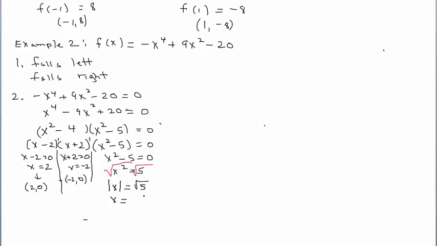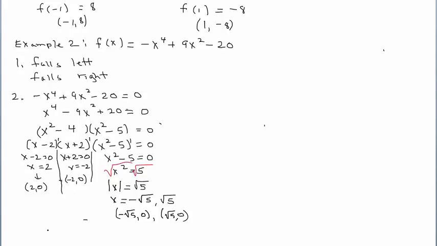So we have positive and negative square root of 5, both of a multiplicity of 1, since we didn't have an exponent of 2 or higher out here. Alright, and remembering that this means that we have another x-intercept of negative square root of 5, 0, and positive square root of 5, 0.